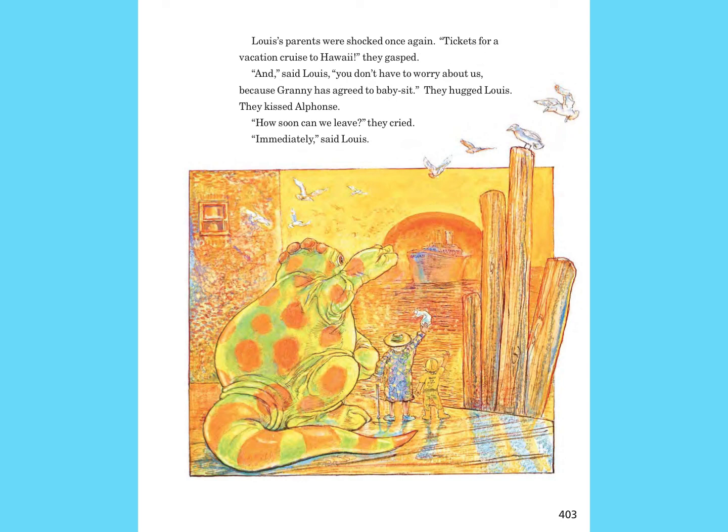"Tickets for a vacation cruise to Hawaii?" they gasped. "And," said Lewis, "you don't have to worry about us because Granny has agreed to babysit." They hugged Lewis. They kissed Alphonse. "How soon can we leave?" they cried. "Immediately," said Lewis.